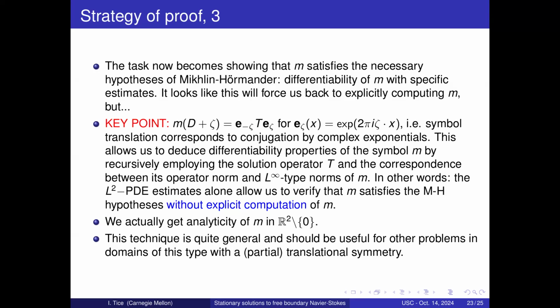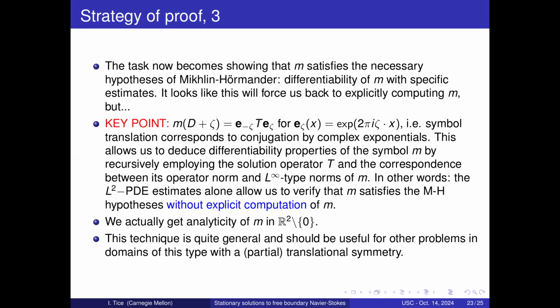So it seems like this is never going to work, but there's a very cute observation that pops out, which is that if I want to understand the differentiability of the symbol M, it suffices at first pass to understand translations of the symbol M. Now, translations of the symbol M, which I'm writing here as M acting on xi plus zeta, where zeta is the translation in the horizontal direction, act beautifully in the sense that they are the same thing as my original solution operator, but conjugated by complex exponentials.